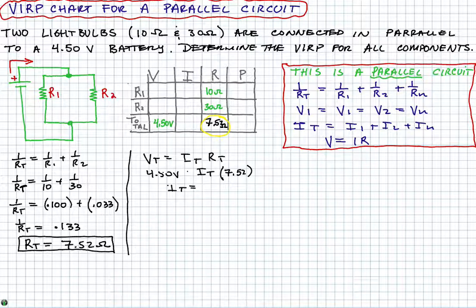So IT is 4.5 divided by 7.52, and that works out to 0.598, almost 0.6 amps. So add that to the chart: 0.598 amps.